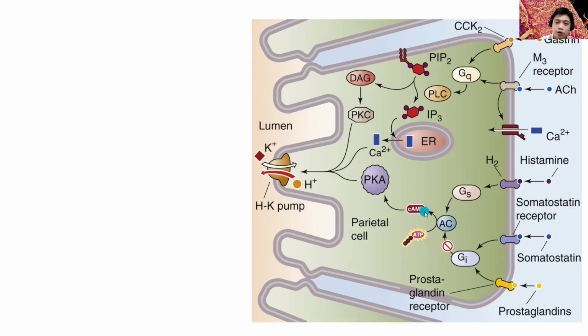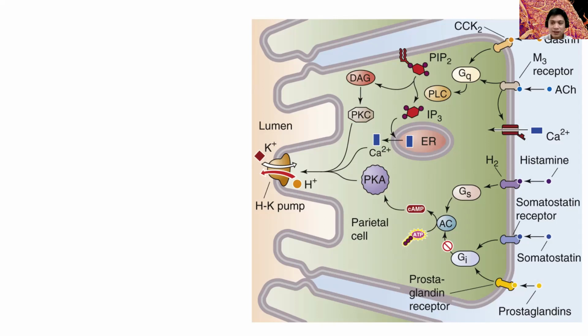And this cyclic adenosine monophosphate will again activate a protein kinase, which is called protein kinase A, which will then again cause the vesicles that hold your proton pump to insert into the lumen. And once in the lumen, what is the general step? Proton will be pumped into the lumen. So magtatapon ka ng acid sa lumen, then habang nagtapon ka ng acid, kukuha ka ng potassium. And that acid in the lumen, hydrogen ion, will combine with chloride to form hydrochloric acid.